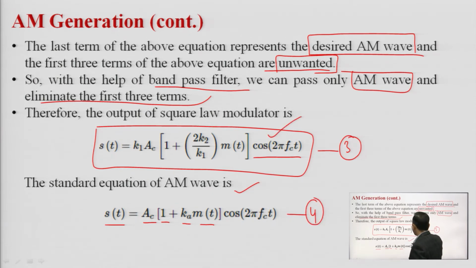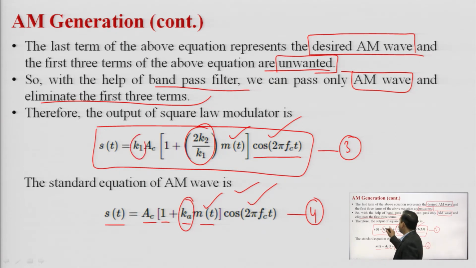This is the carrier part, same. This is the message, same. These are constants: 2 K2 by K1 here, and Ka there. Here this is K1 Ac, basically the amplitude of the carrier further increased by a factor of K1. So with the help of this square law device, we can achieve the AM signals. This is the generation technique of AM signals or the AM wave.